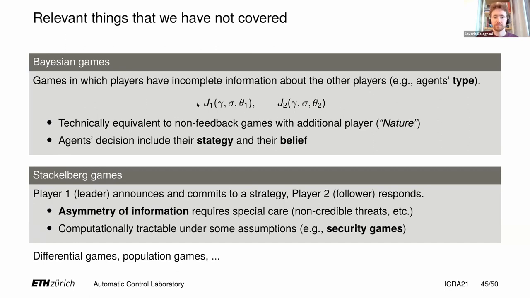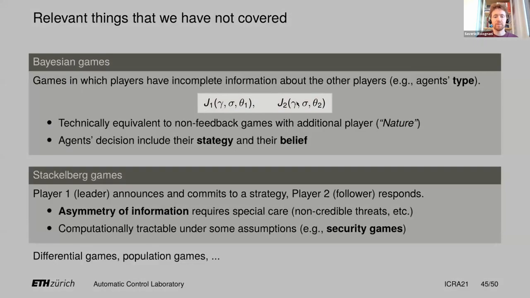One is Bayesian games. Bayesian games are games where there's something about the other players that you don't know. This is typically called the agent's type, theta here, right? So for example, the cost function for player one and player two depends, of course, on the actions of player one and the actions of player two, but also on some parameters theta one and theta two, which are not known to the other.